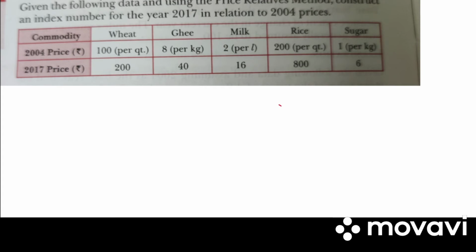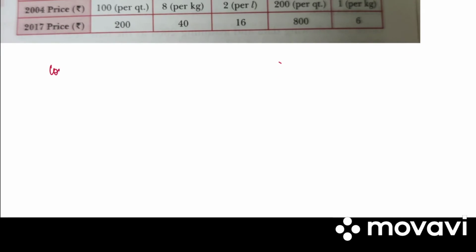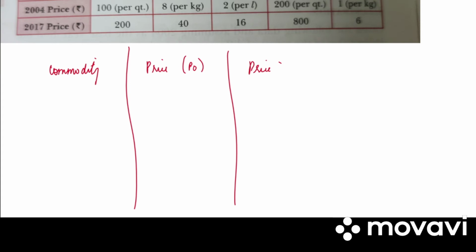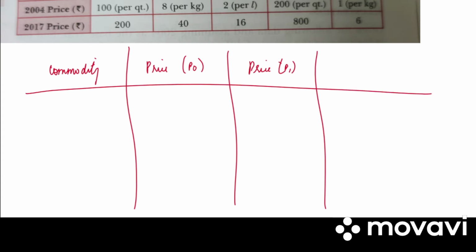So take down an illustration. Given the following data and using the price relative method, construct an index number. So they have given us commodity, price P0, it is a base year, price P1 of current year, and the last column will be P1 by P0 into 100.